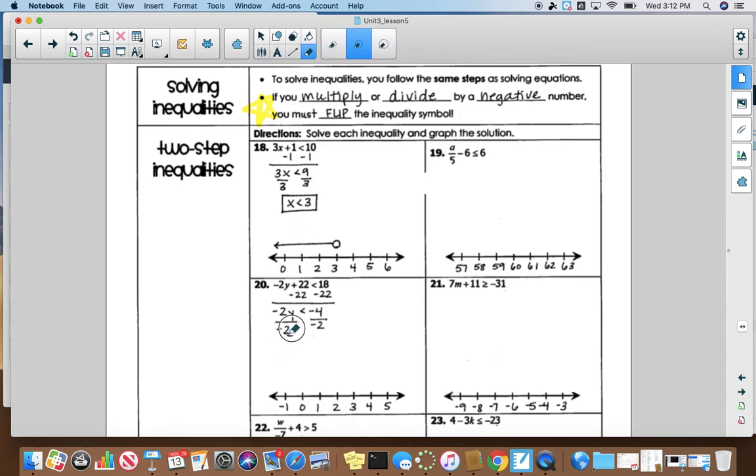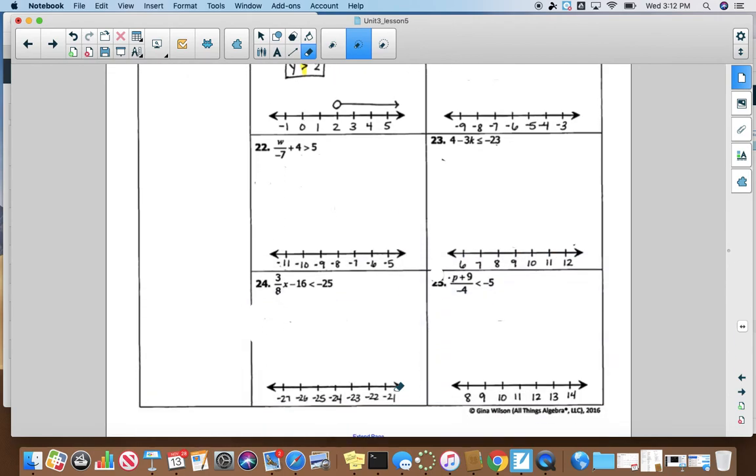So I am dividing by a negative number across the inequality sign, so I had to flip my inequality. So it was less than, now it's greater than. So open circle at 2 and shade your line greater.